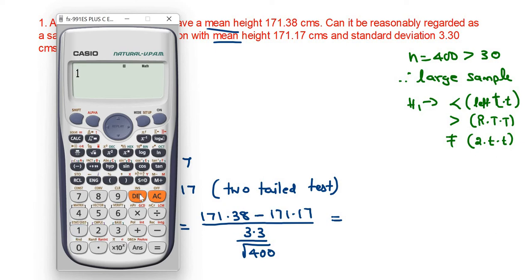Put the bracket for the numerator, 171.38 minus 171.17, close the bracket for the numerator, divided by, put the bracket for the denominator, 3.3 divided by root of 400.